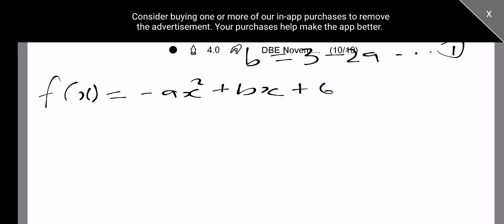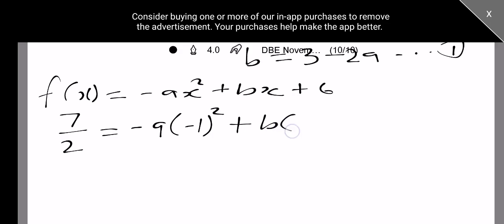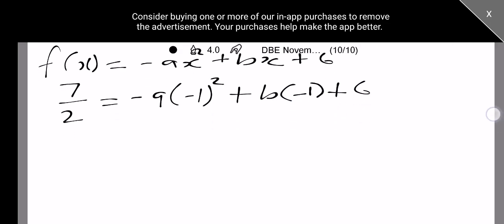So substitute that point where y was 7/2 equals -a times (-1) squared plus b times -1 plus 6.